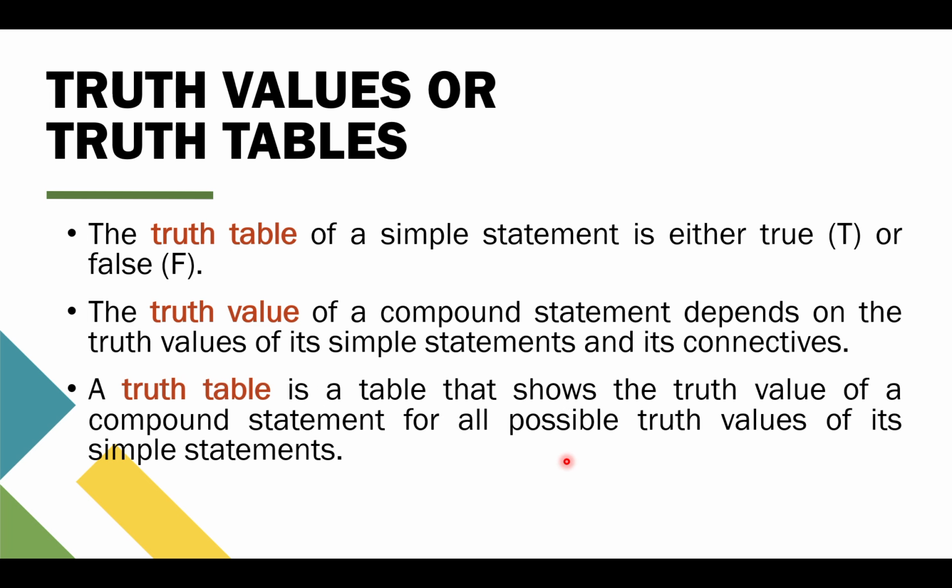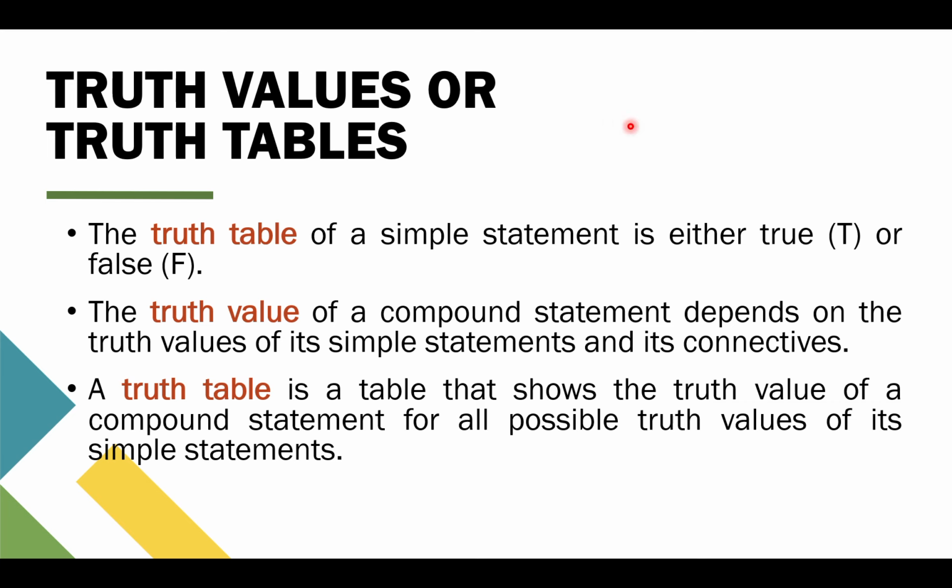And the third one, a truth table is a table that shows the truth value of a compound statement for all possible truth values of its simple statements. Okay, start muna tayo dito sa first bullet. So when we say a truth table, that is a table that shows either that simple statement is true or false.